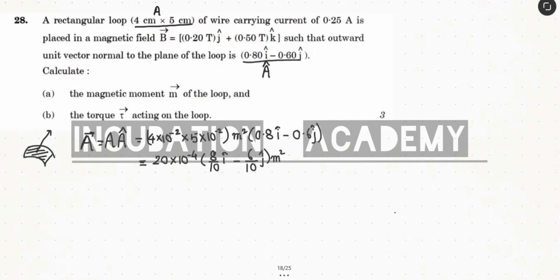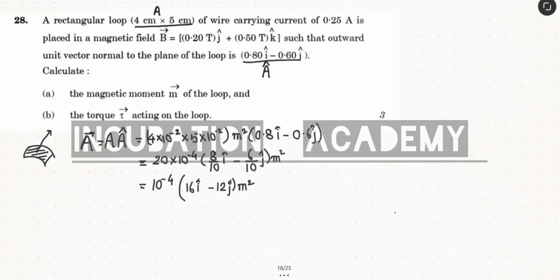Taking 10 to the power minus 4 outside the bracket, 20 into 8 by 10 gives 16 i cap, minus 20 into 6 by 10 gives 12 j cap, meter square. So that is the area.